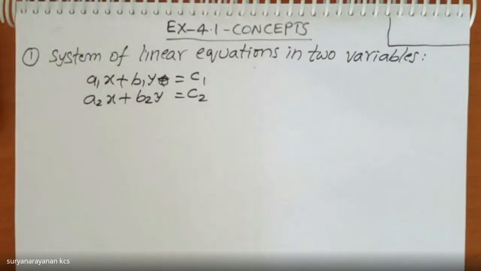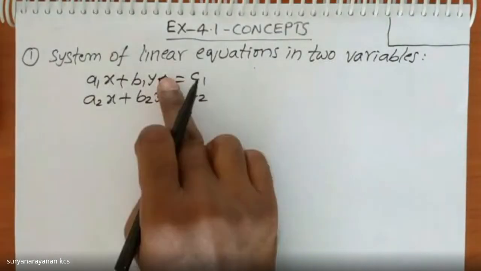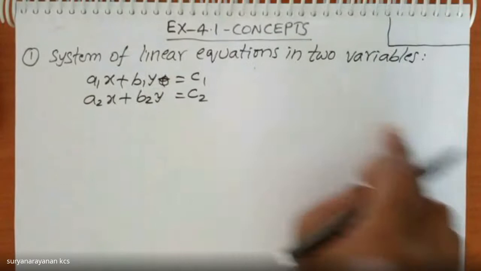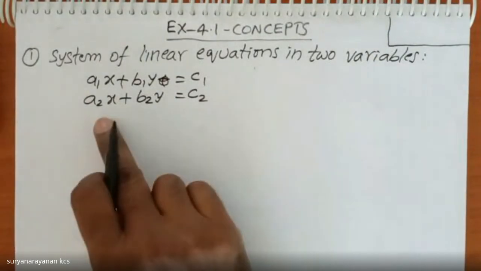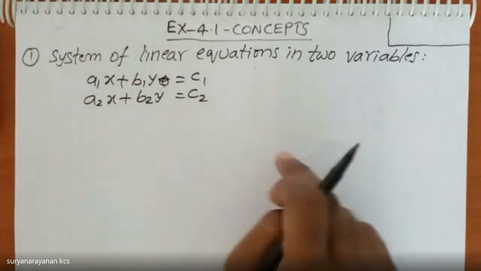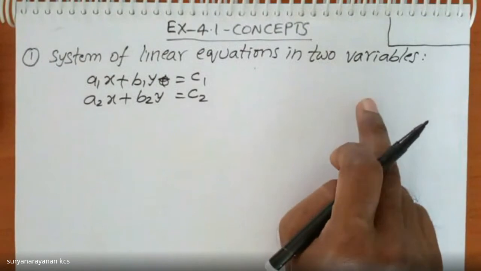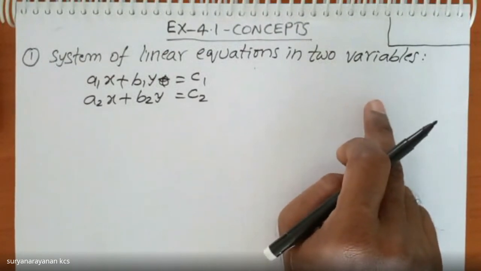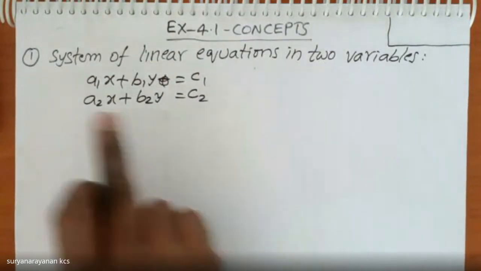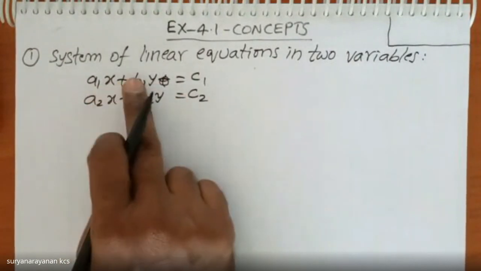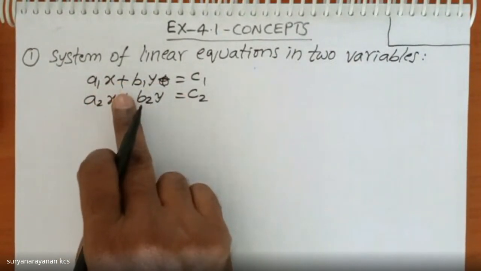Yes, sir. By drawing the graph of the first line equation and the graph of the second line, we get a point of intersection. Yes or no? That point of intersection is said to be the solution of this system of linear equations. That is called graphical method.